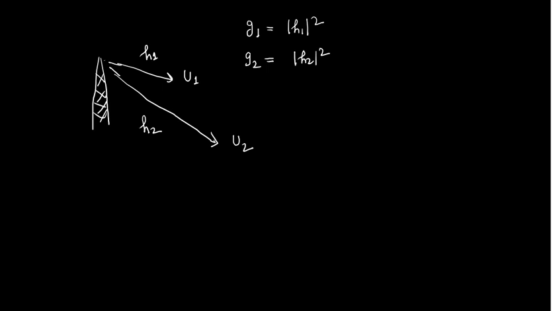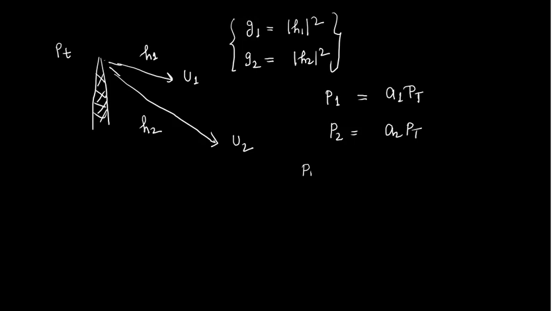So if P1 is the power allocated to U1, we can say that P1 is A1 times PT, and P2 is A2 times PT.